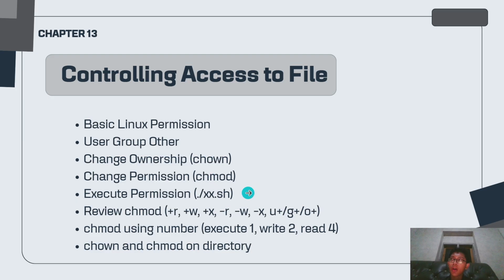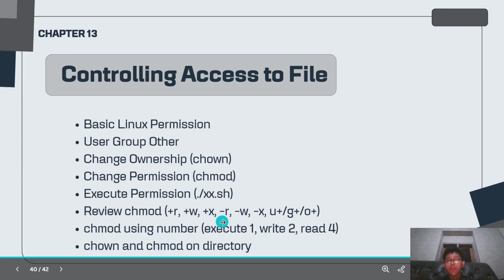If you want to remove a permission from some user, group, or other, you can use the minus parameter. The plus parameter is used when you want to add a permission, but if you want to remove some permission, you can use minus instead.